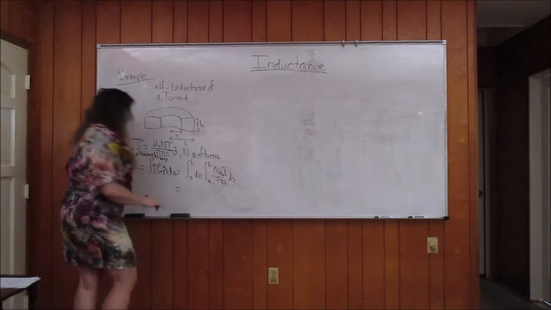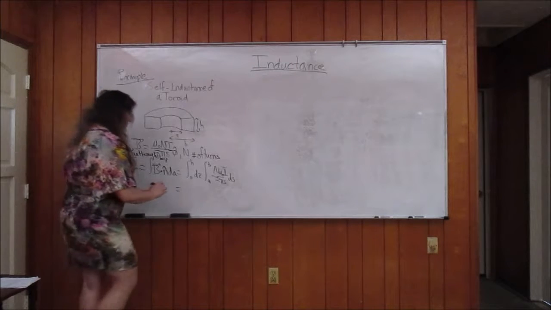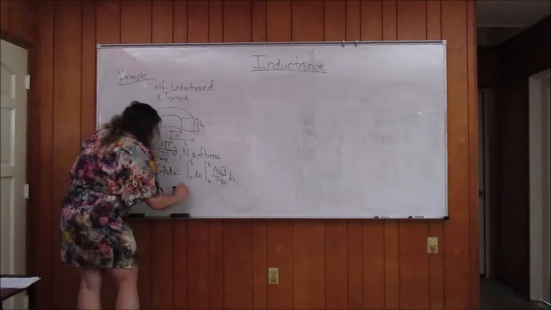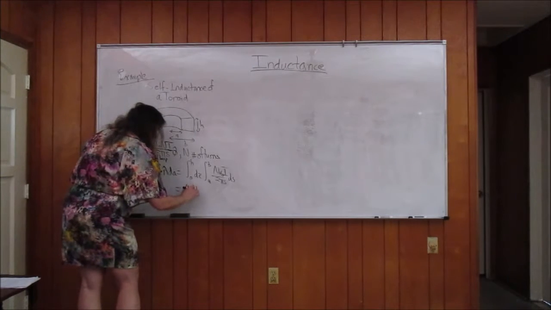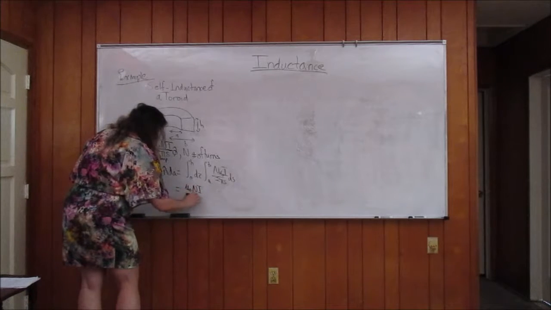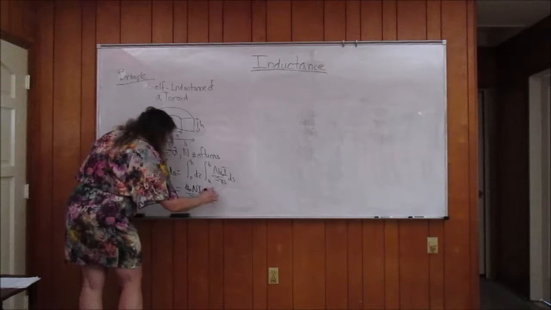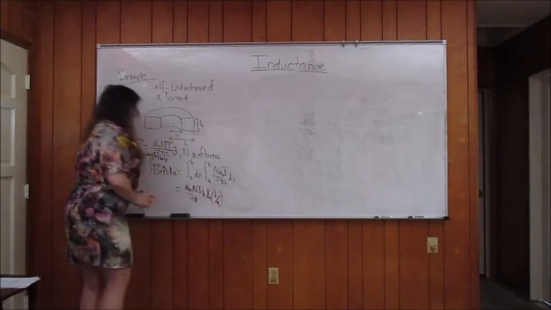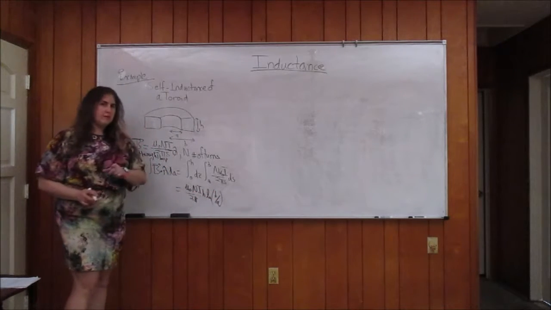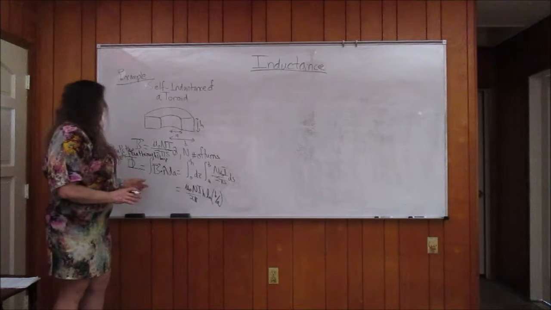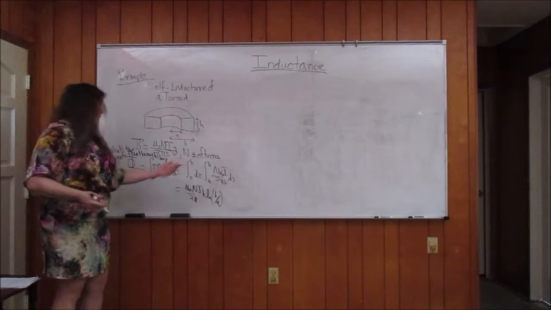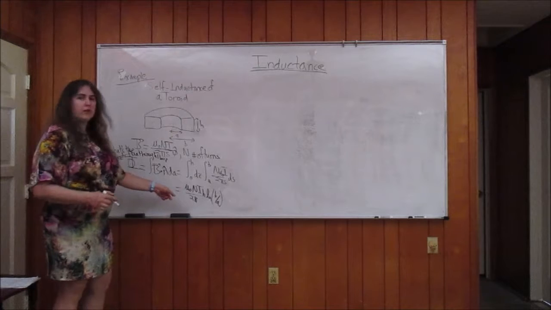ds. And doing the integration, you'll see that that's equal to mu naught N I over 2 pi times h natural log of B over A. Okay? So that's the flux through a single loop. We need to figure out what the flux is through N loops. So there are N loops, so it's just N times the flux through a single loop.